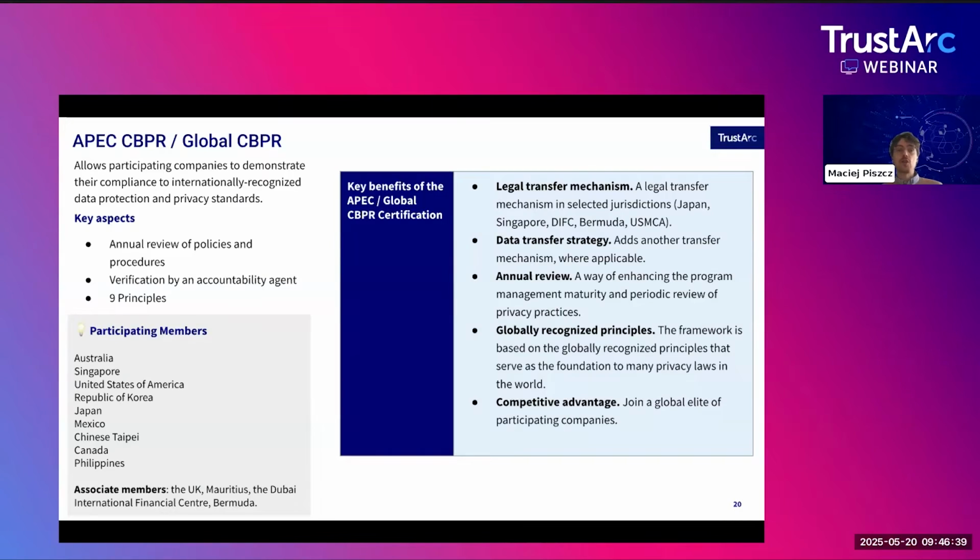The CBPR certification is a certification for data controllers. It includes an annual review of data practices. This framework is based on 9 principles, which are operationalized by program requirements.